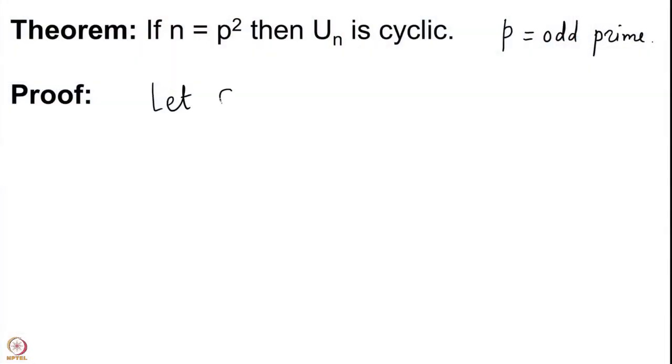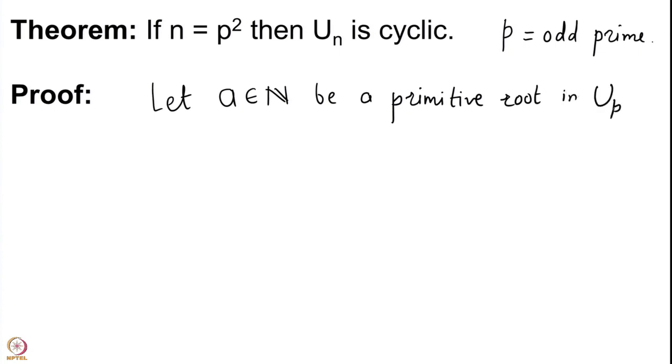So, let a in the natural numbers be a primitive root in U_p. So, modulo p, this element a is a primitive root.